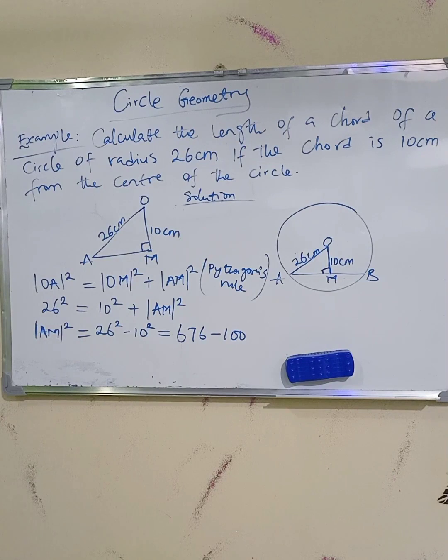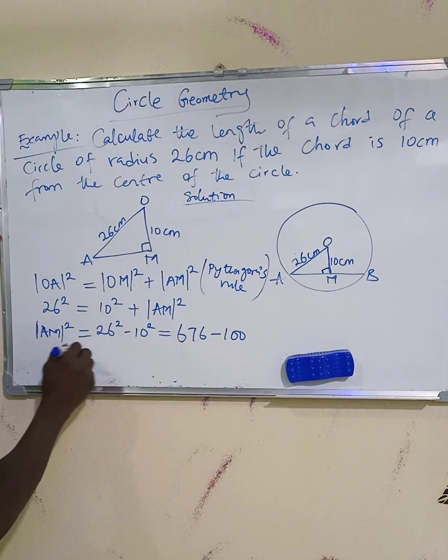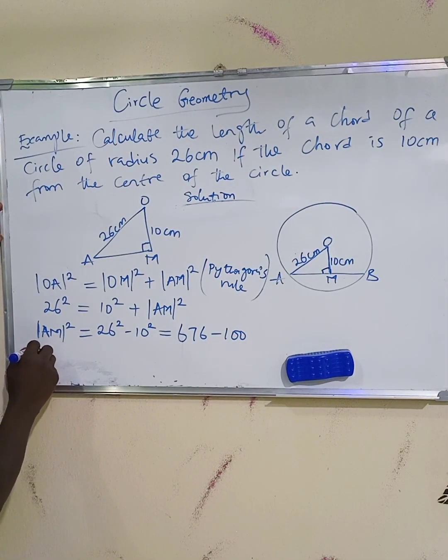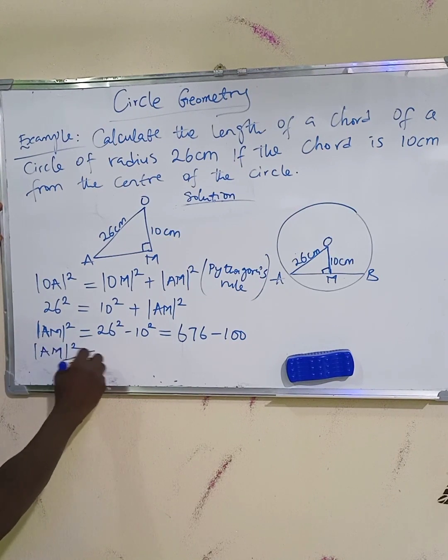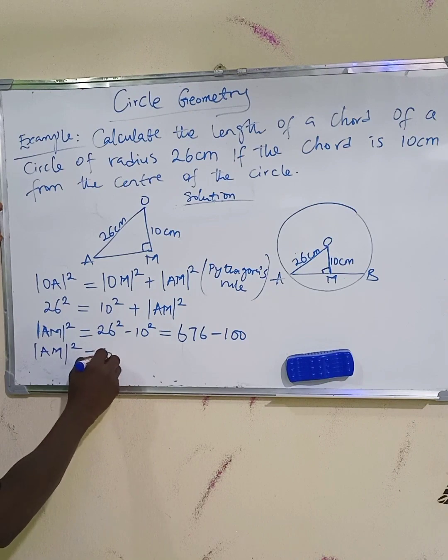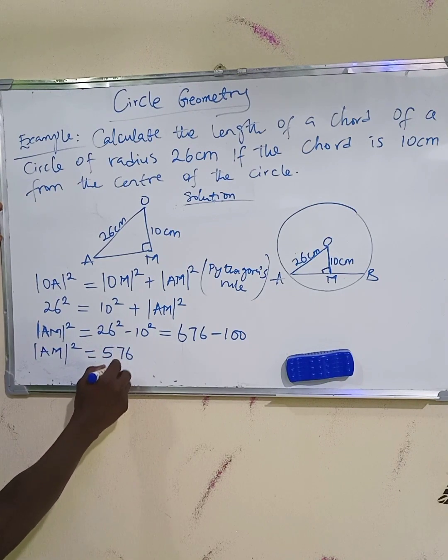And by the time we do our simple arithmetic, we're going to get 676 minus 100, and this will give us that AM squared is equal to 576.